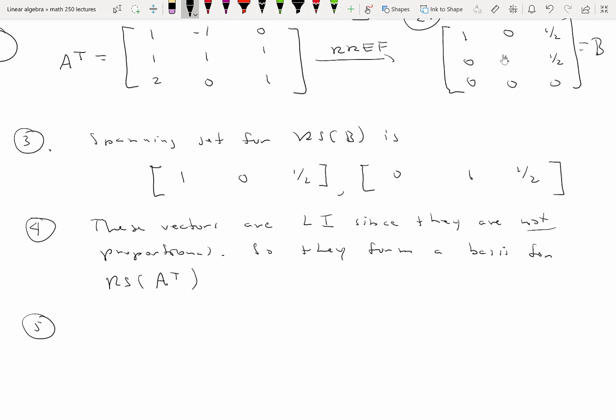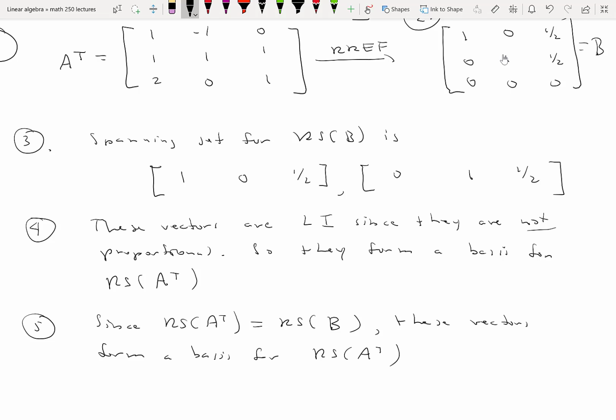Step 5. Since the row space of A transpose equals the row space of B, because B is just a row equivalent matrix to A transpose, these vectors form a basis for the row space of A transpose.